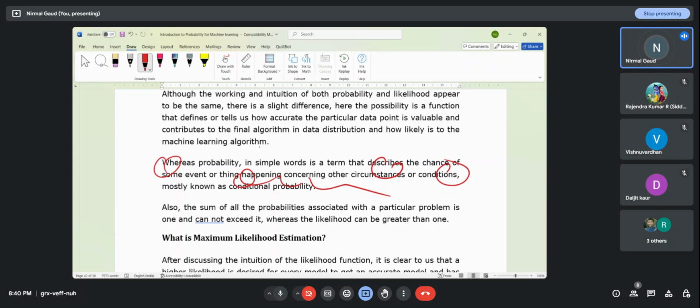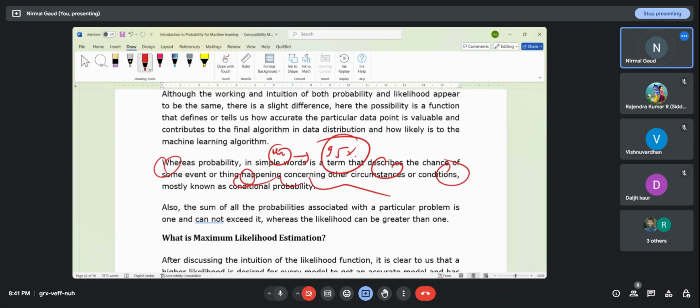Here we have to give some numerical value to it. For example, you're talking about chance now. So chance can be like 95% chances that there will be a rainfall. So it is a probability. 5% chance that there is not a rainfall. So 5% is also a probability.